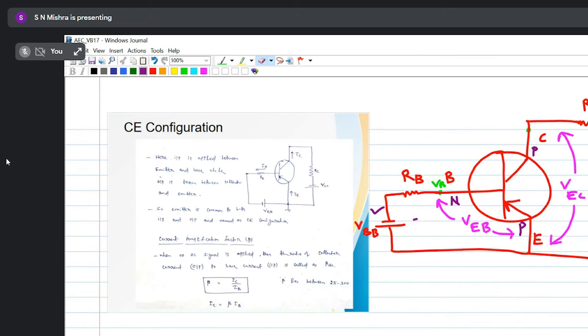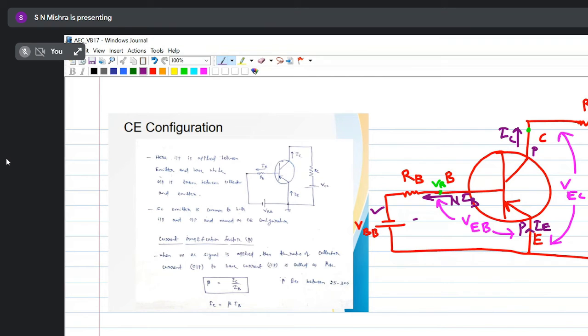So collector current, here emitter current is entering. IE entering means IB will be outgoing and IC will be outgoing.